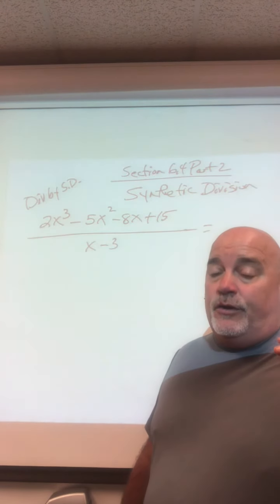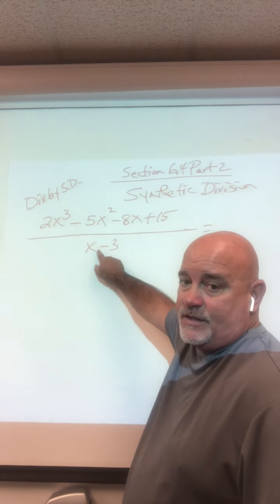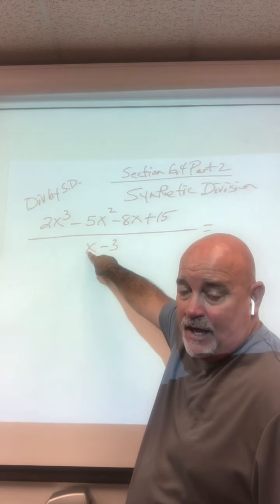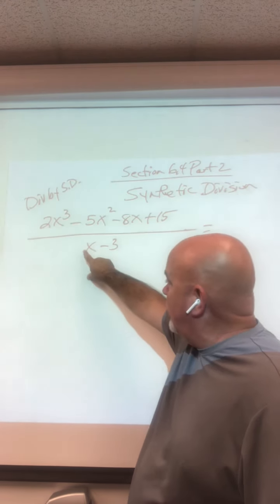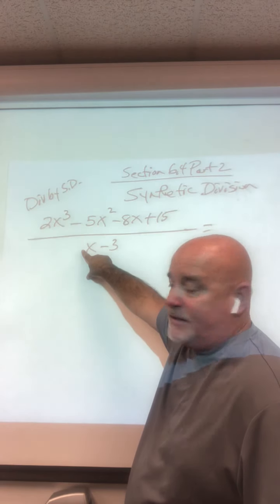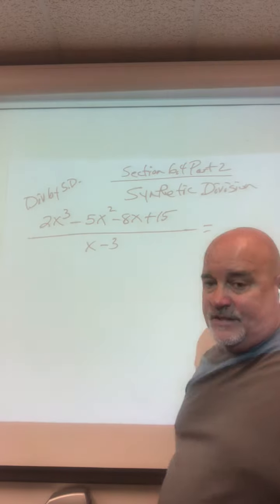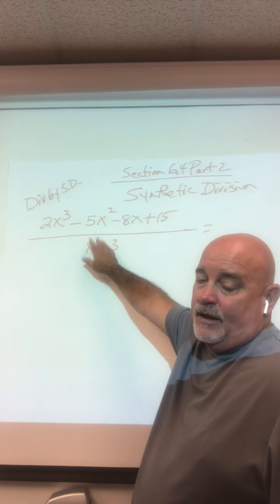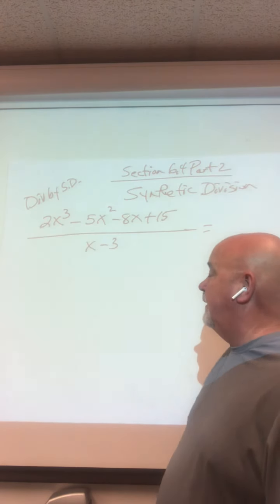First, when you divide by synthetic division, your divisor, what's in the bottom, has to be a single letter plus or minus a number. So no letter in front of this X, no power right here on the ones we're going to be doing. So in synthetic division, that's what the denominator has to look like. Now it doesn't matter what the top looks like, but that's what the denominator has to look like.